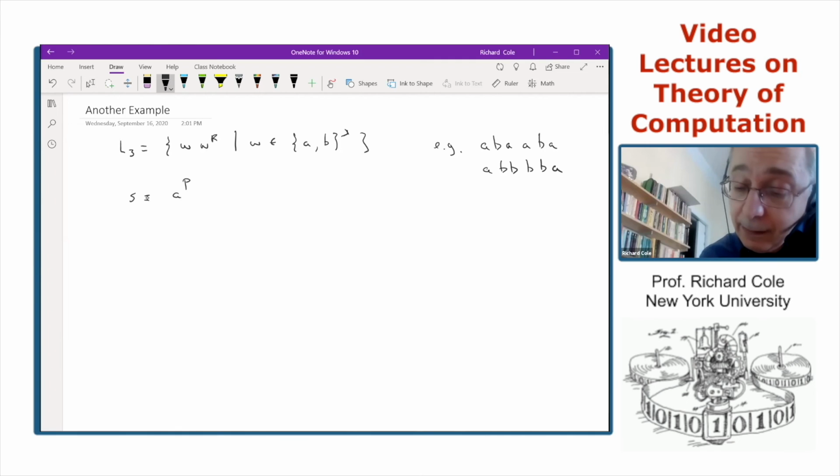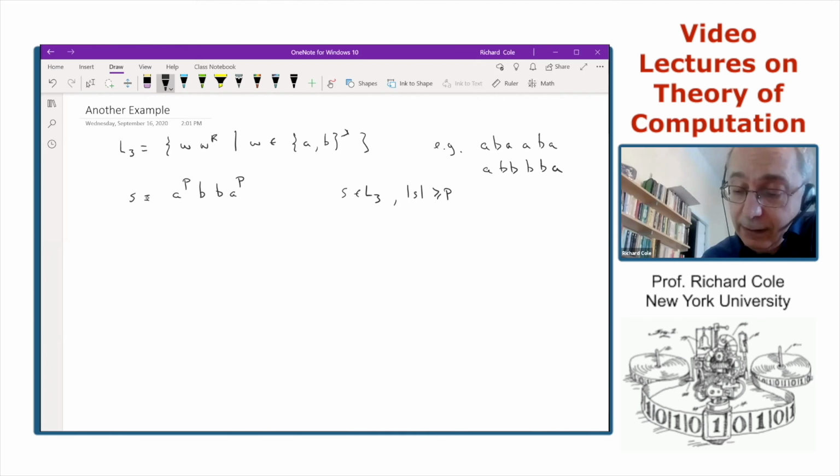P A's followed by 1 B, this will be my W, and then I'll reverse it. So it's B followed by P more A's. So let's just note S is in my language L3, and S has length greater than or equal to P. So I can pump S.